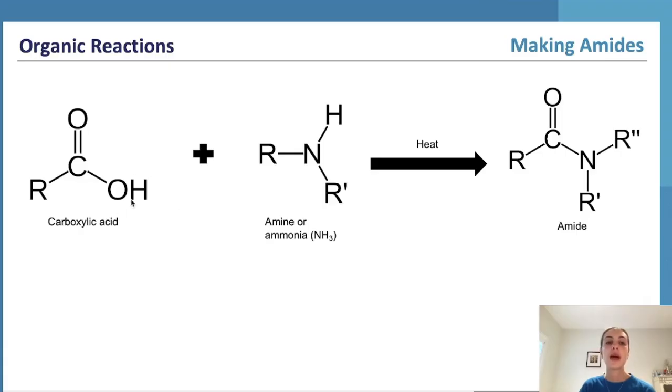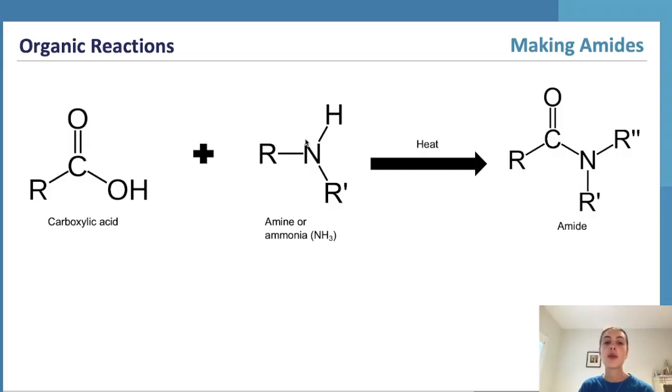So when we combine the carboxylic acid and either the amine or the ammonia, we're breaking the bond where the OH, the hydroxyl section, is on the carboxylic acid, and we're removing that, and then we're joining that to where the hydrogen was on either the amine or the ammonia. And so this forms the amide, with the part with the double bonded oxygen being the carboxylic acid section, and the part with the nitrogen being either the original amine molecule or the ammonia section.